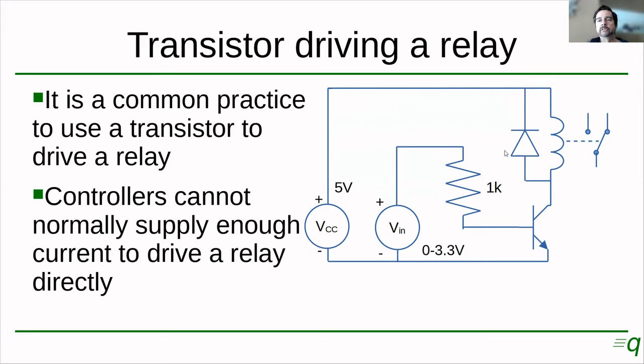Now, if you recall from our class on inductors, when an inductor turns off, it wants to keep the same current. So the coil of a relay acts as an inductor in that regard. And if we have, say, 100 milliamps going through this coil through the transistor, and the transistor turns off, you can think of the transistor as a variable resistor that goes from a very low value to a very high value.